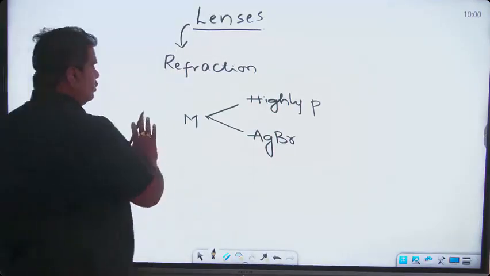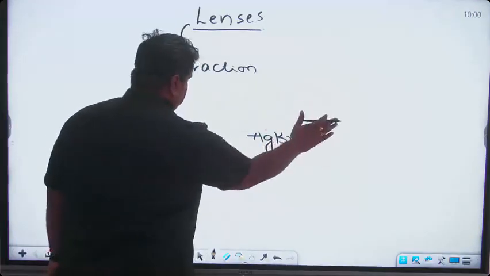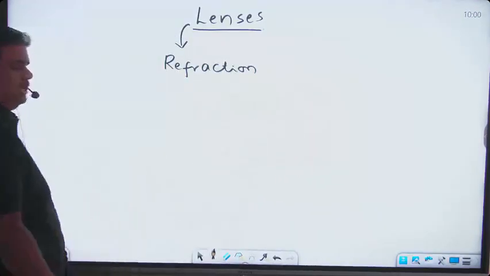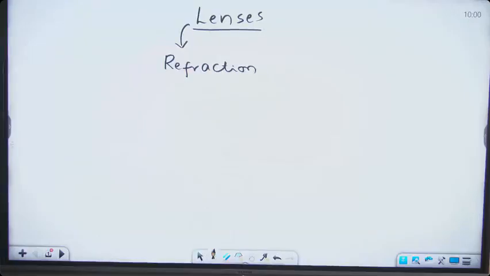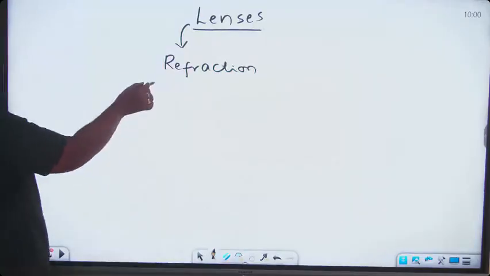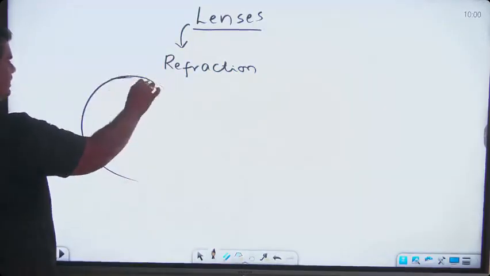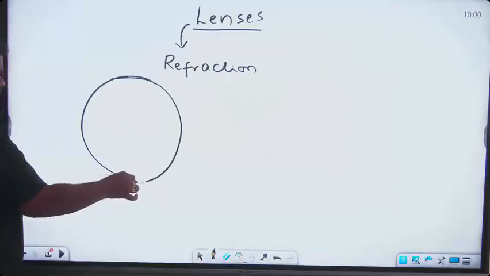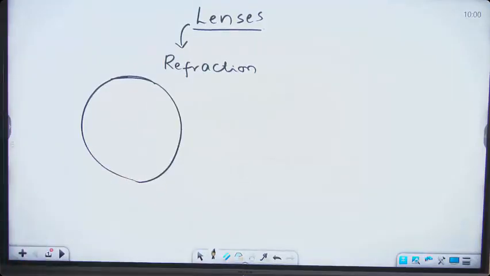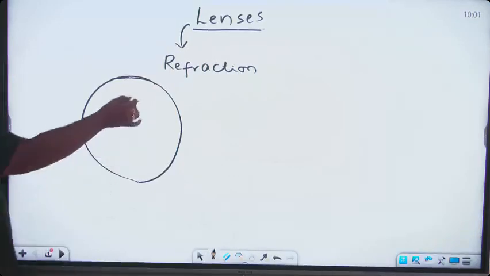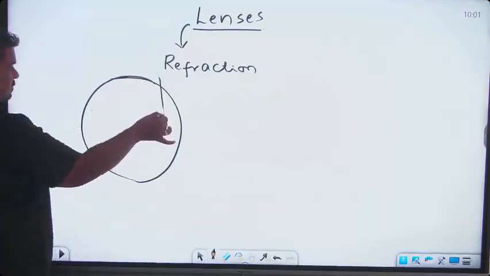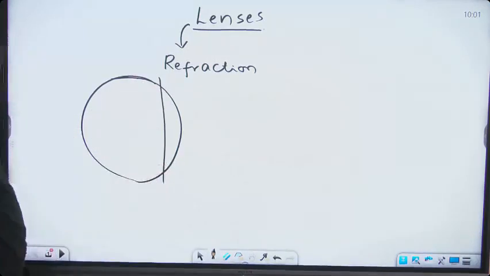When we talk about any particular mirror, like concave or convex, in general these mirrors are separated from a spherical mirror. You take a spherical mirror, and from it a small portion is separated, maybe towards the left side, maybe towards the right side.